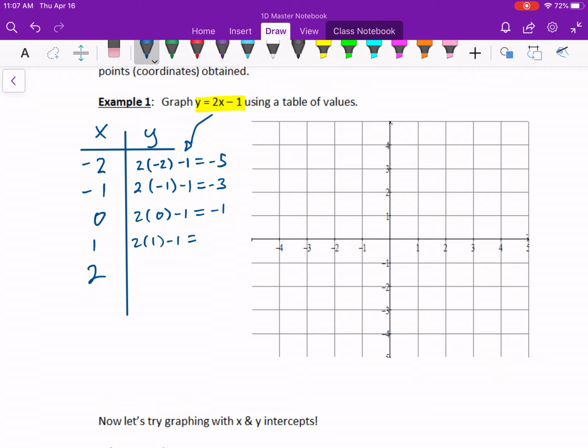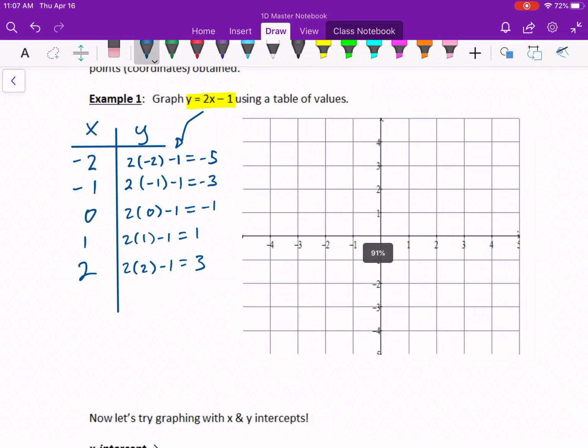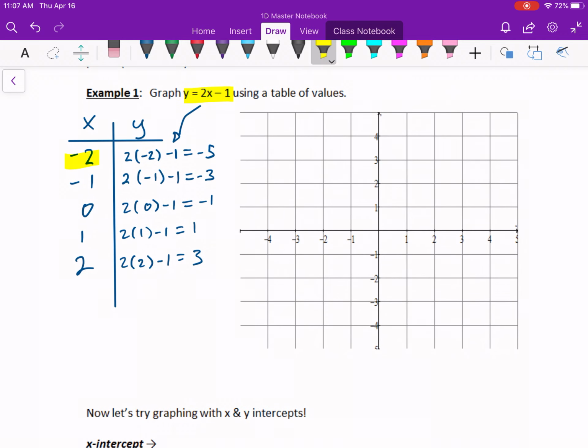In this case, I get 2 times 1 is +2, minus 1 is 1, 2 times 2 is 4, minus 1 is 3. So these are my y values on the far right. So they're ordered pairs. Here's an ordered pair, -2, -5. That would be down here. And then I've got -1, -3. That's here.